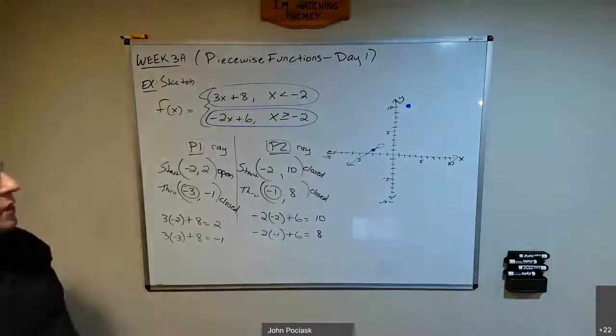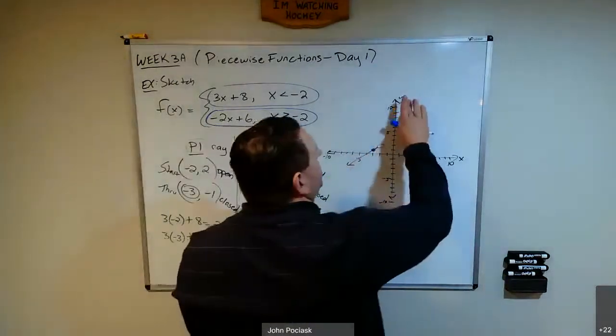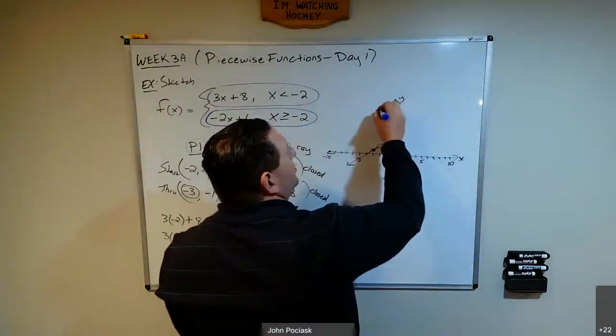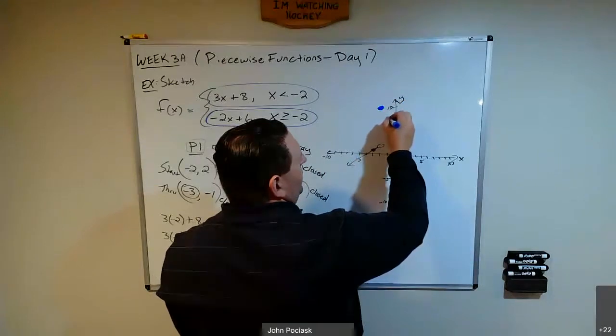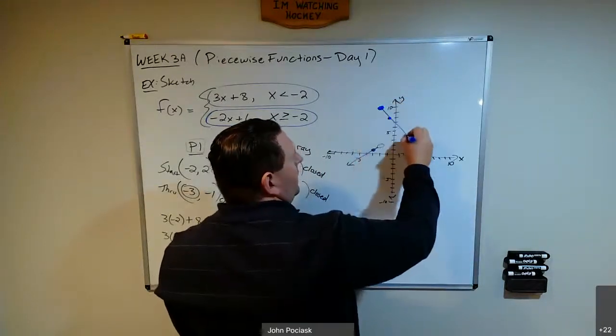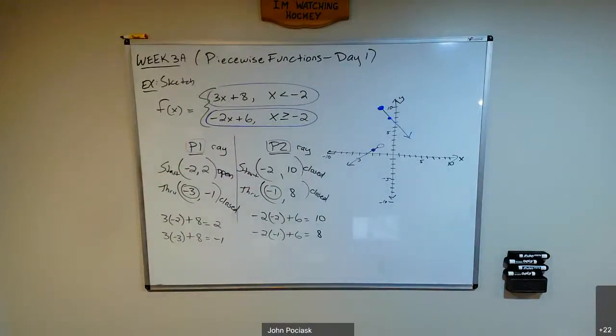And it goes through -1, 8. Whoops, I'm on the wrong side here. -2, 10. And -1, 8 is about here. And so that's the picture you should have. Make sure you have arrowheads at the end of your rays. And now we have one last thing we have to discuss.